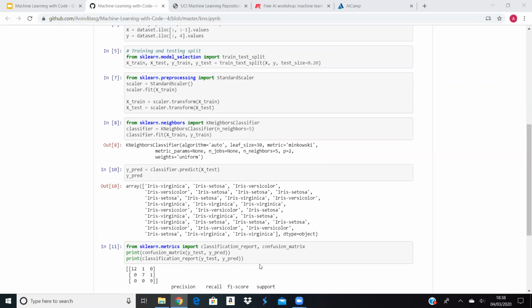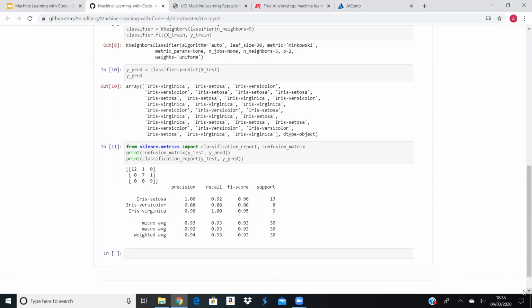The classification report would be able to tell you exactly what is the precision, what is the recall, what is the F score, and then we can statistically see whether this is a good model or not.